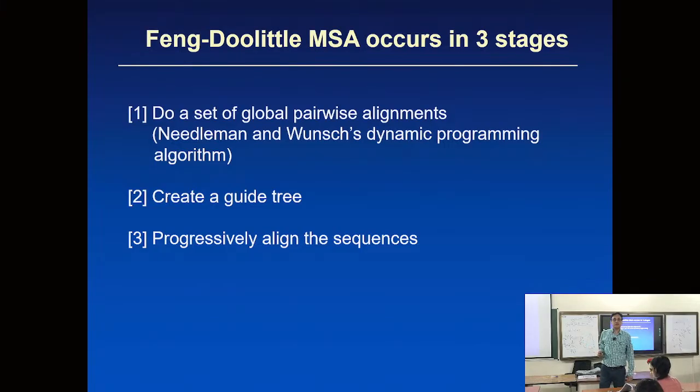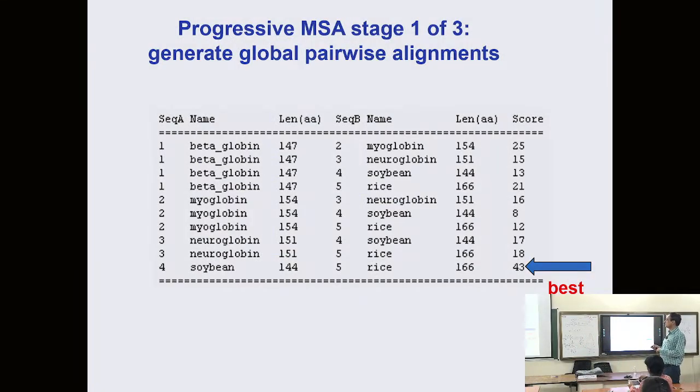And after you have done the alignment, you can make a guide tree. And after you have got the guide tree, you can use that to progressively align the sequences. So let's consider 5 globin sequences: beta globin, myoglobin, neuroglobin, soybean globin, and rice globin.